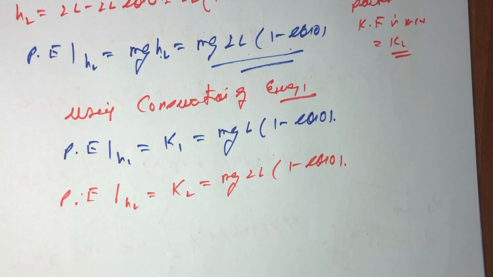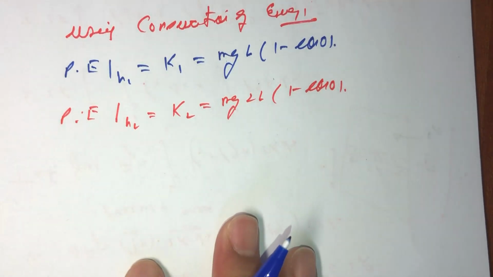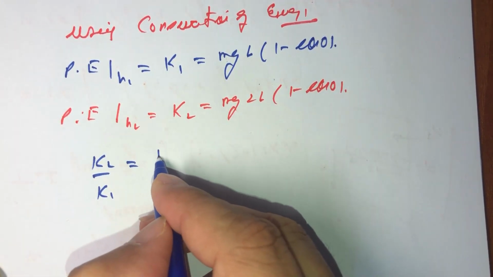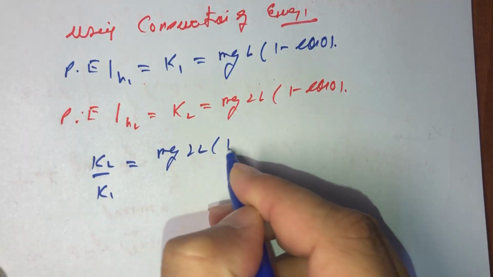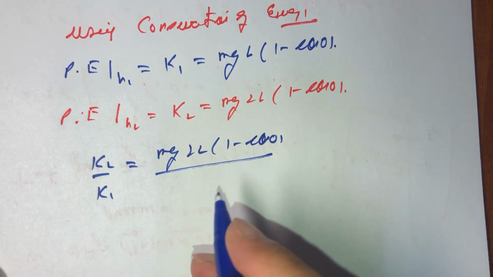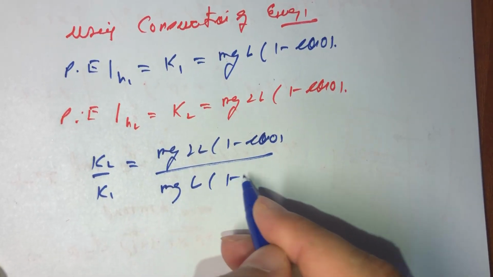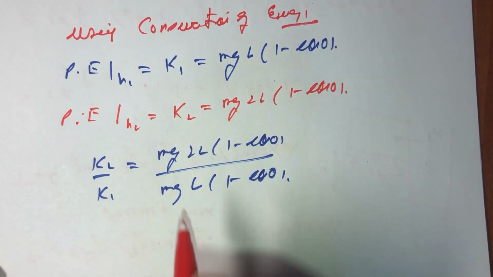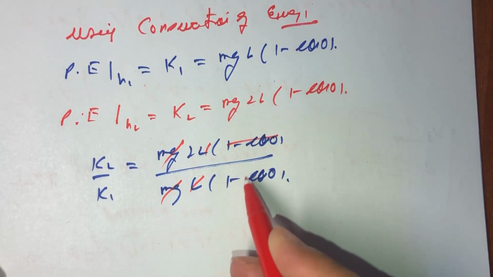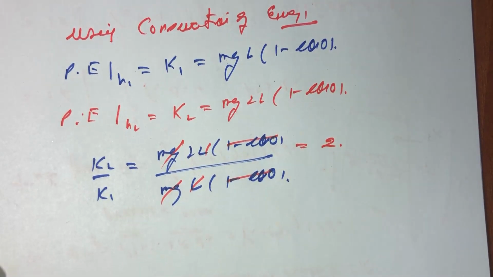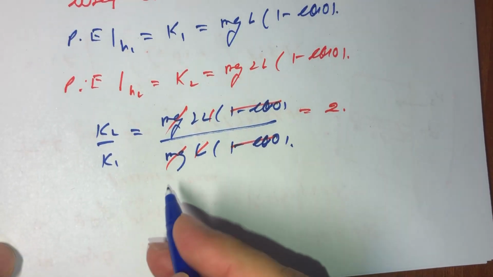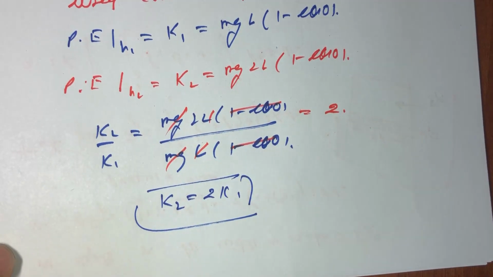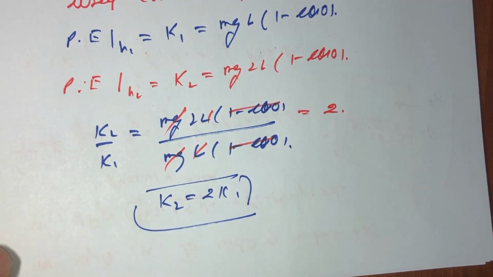Now finding the ratio K2 upon K1: it equals mg 2L(1 minus cos theta) over mgL(1 minus cos theta). Here mg, L and (1 minus cos theta) cancel, and this comes equal to 2. Therefore K2 is equal to twice of K1.